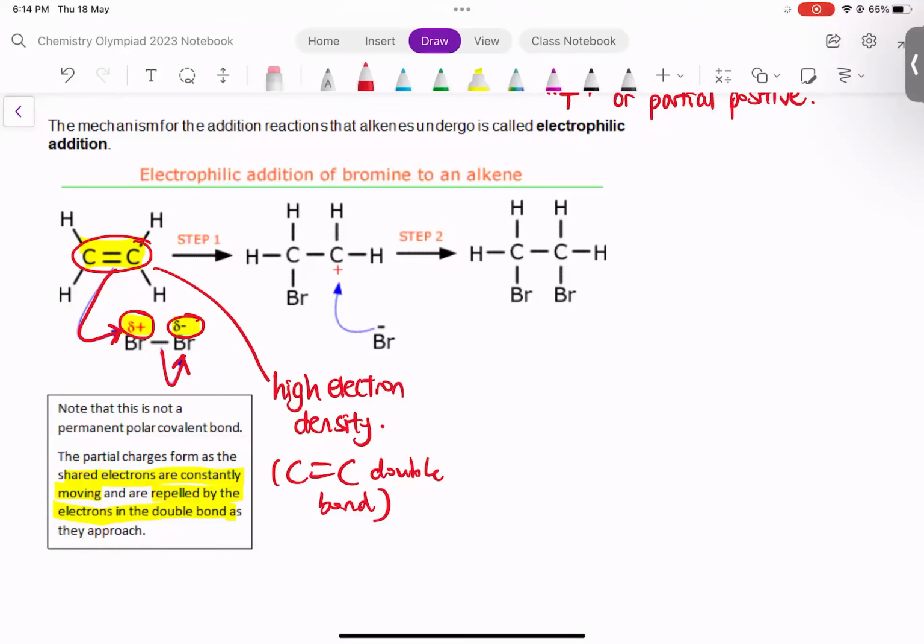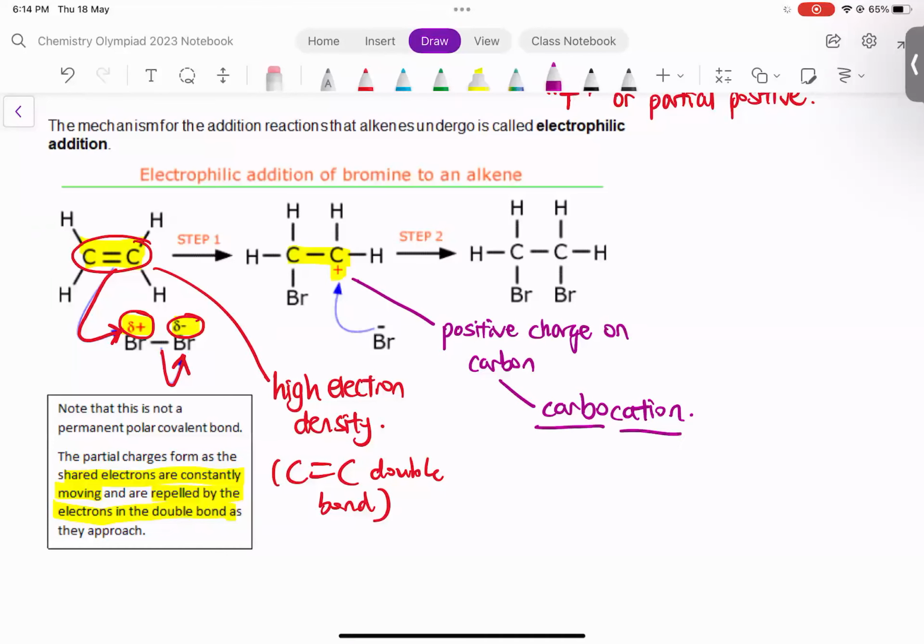The double bond breaks, the bromine-bromine bond breaks, and you end up with a positive charge on carbon. Now this is called a carbocation. Carbon, positive ion.